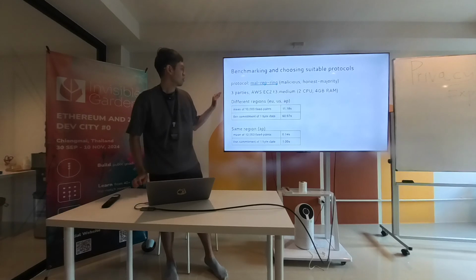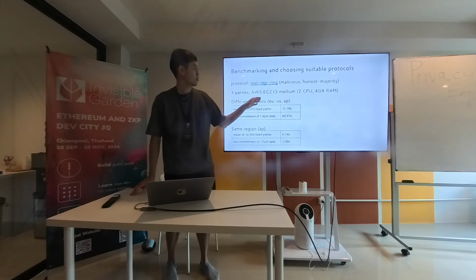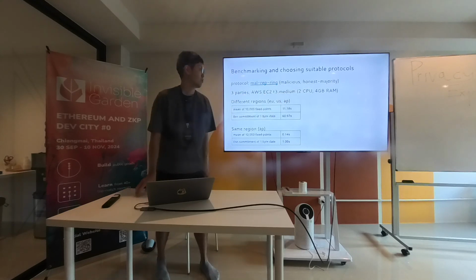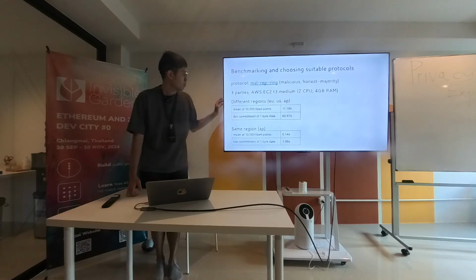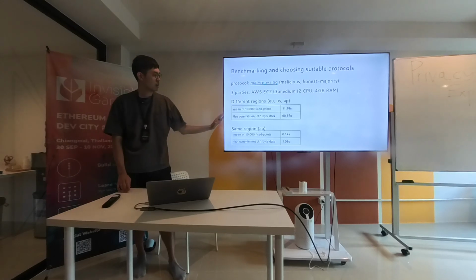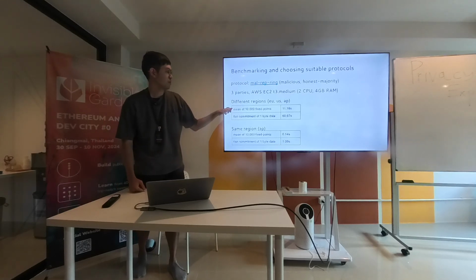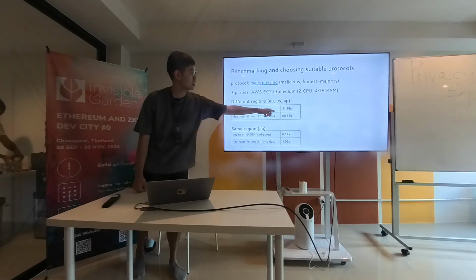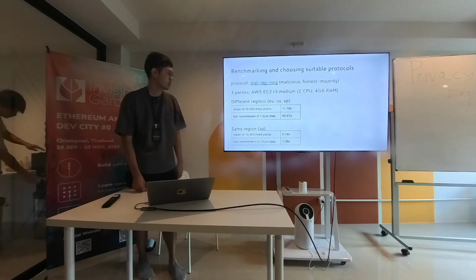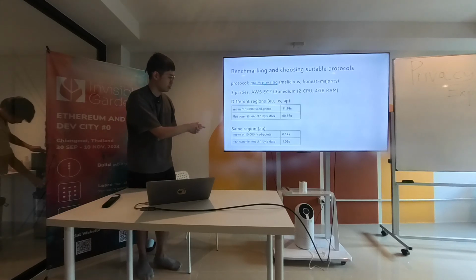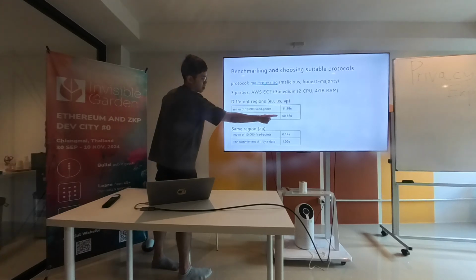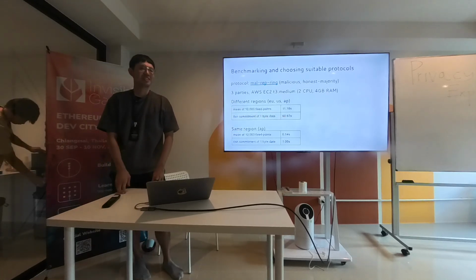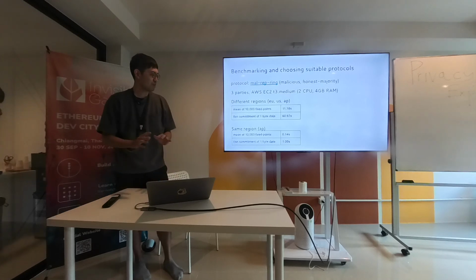So we have 3 parties, and we used D3 medium, 2-3 CPU 4 gigabyte RAM, with different regions, to compute the average of 10,000 fixed points. It takes like 11 seconds, and to compute the TLS notary commitment, it takes like 60 seconds, which is not good enough, but still feasible.